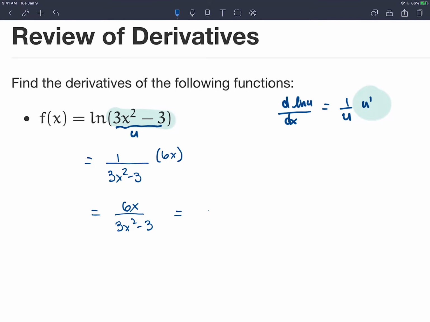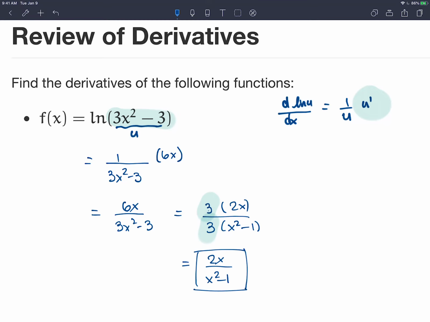So I'll factor a 3 from the top, so you get a 2x, and you factor a 3 from the bottom, and you get x squared minus 1, correct? So that way you can cancel those 3's, so your final answer should look like 2x over x squared minus 1. Okay, so that would be my final answer for this one.